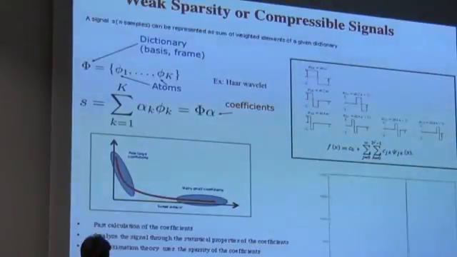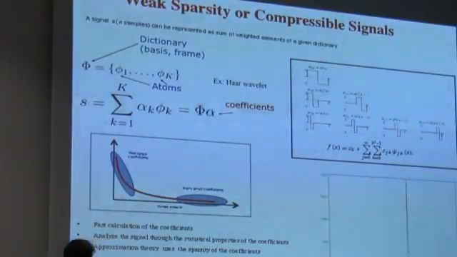The point is, you say that the signal is sparse in a given dictionary if, when we sort the coefficients from the largest to the smallest in absolute value, we have a fast decay. As soon as we have a fast decay, we say that the signal is sparse in this dictionary. What does a sparse decay mean? It means that most of the energy is contained in a few coefficients.